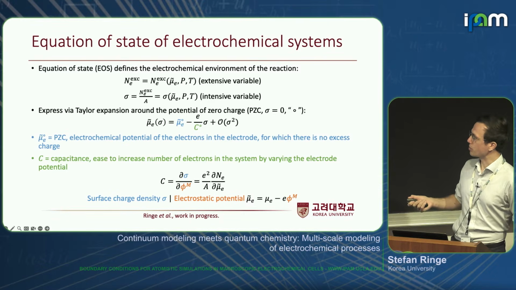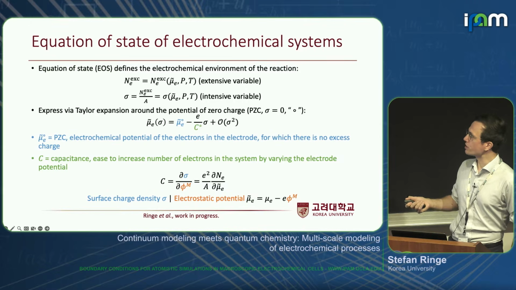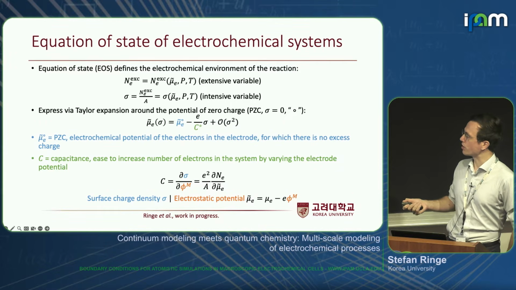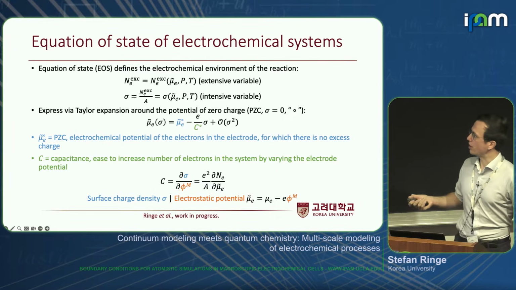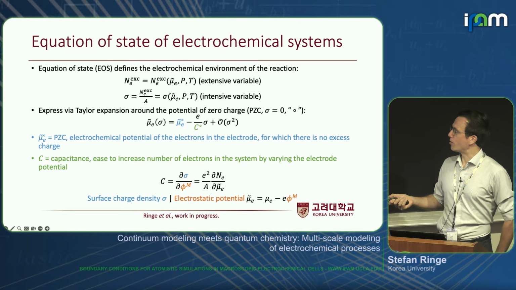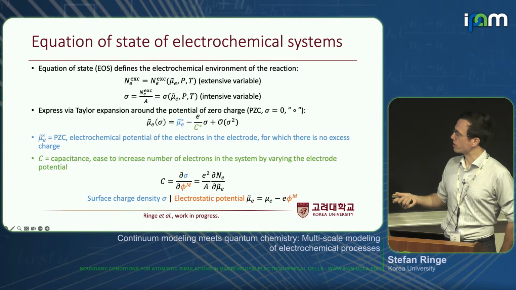We can do a Taylor expansion of this electrochemical potential of the electron around the potential of zero charge, which is the point where there is no surface charge, so no excess charge on the surface. And if we do this, then we get something like this here.